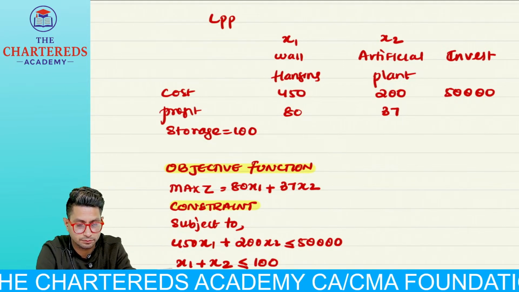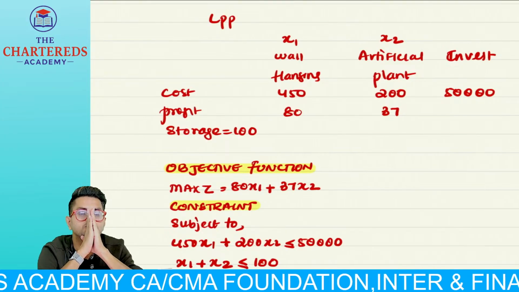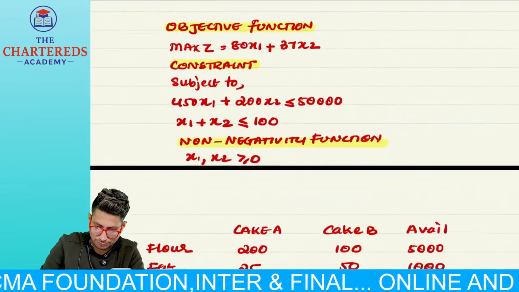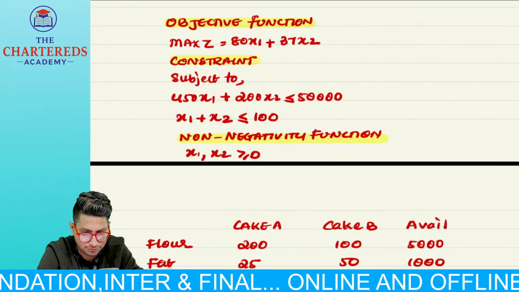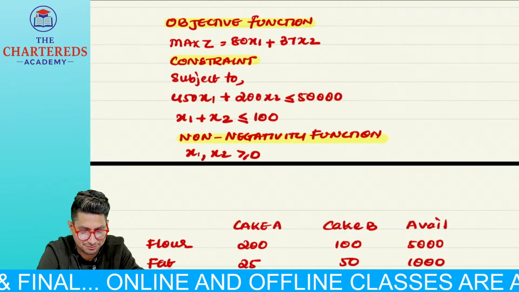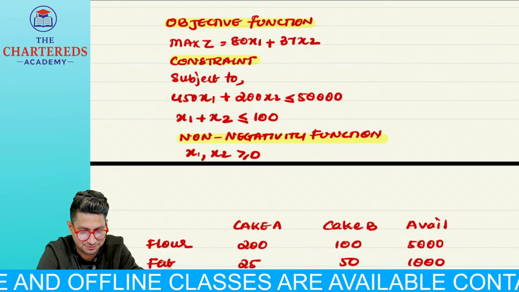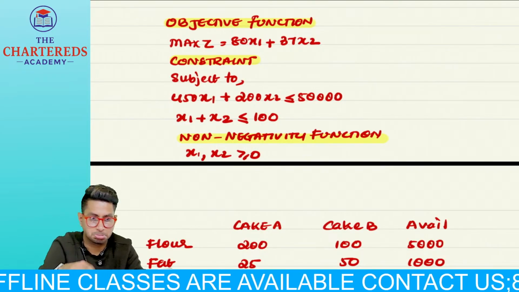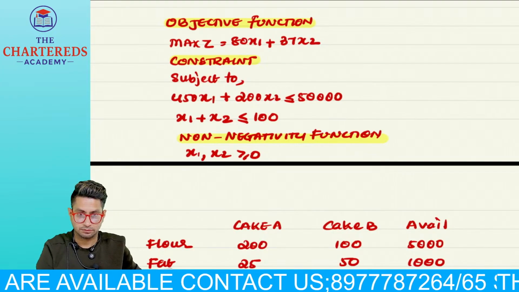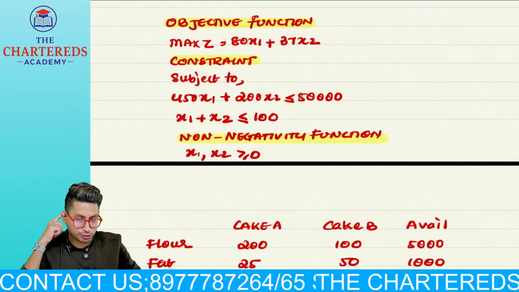Should I scroll? Done up till x1, x2 greater than 0.